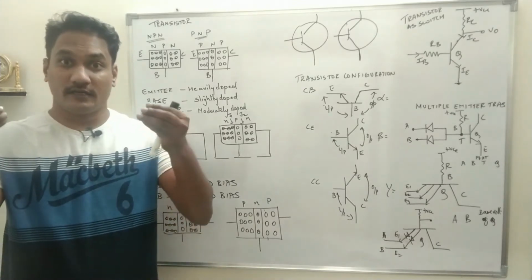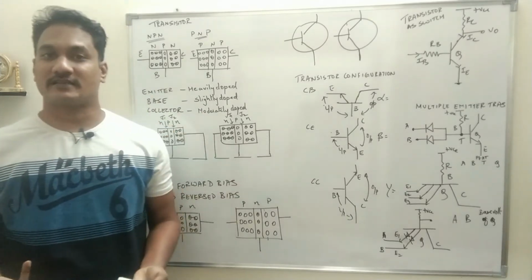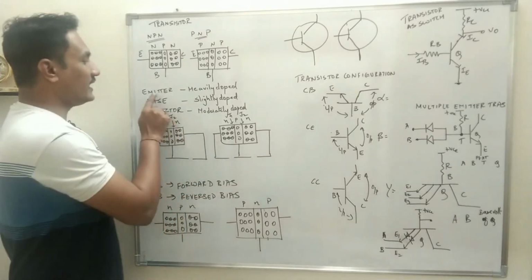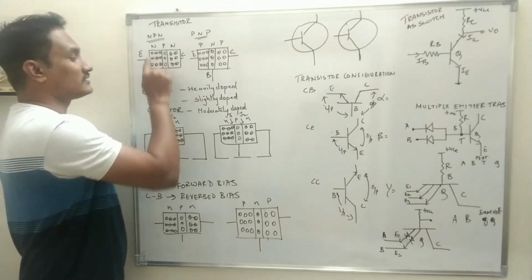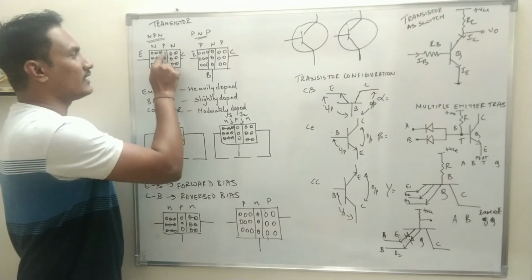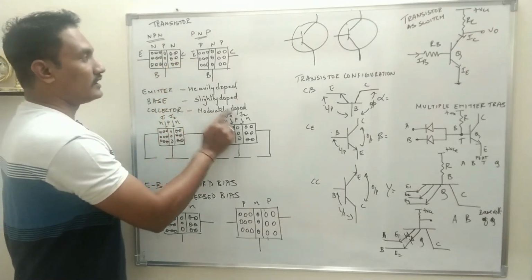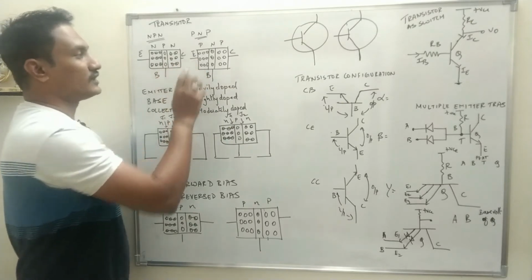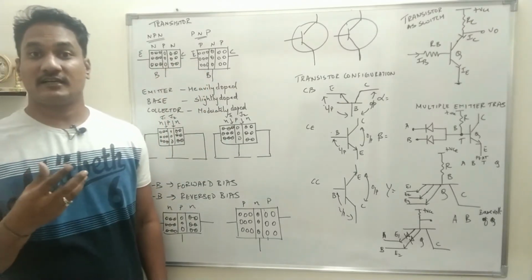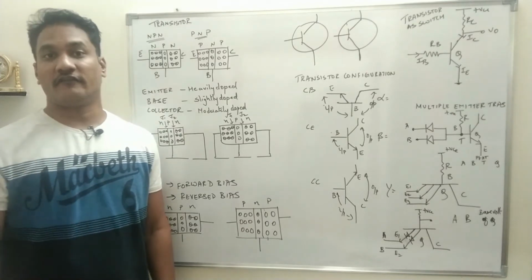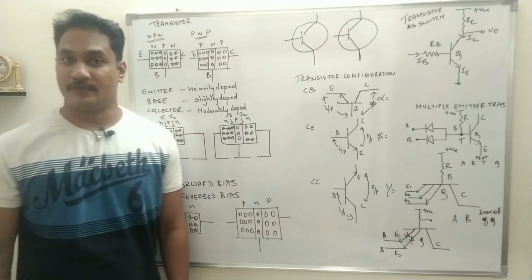But if you dope more impurity, more charge carriers will be produced. So when you say the emitter is heavily doped, that means the emitter has a large amount of charge carriers, the base is slightly doped so it has a very small amount of charge carriers, and the collector is moderately doped, so its number of charge carriers is between that of the emitter and the base. This is the basic fabrication of a transistor, either NPN or PNP.